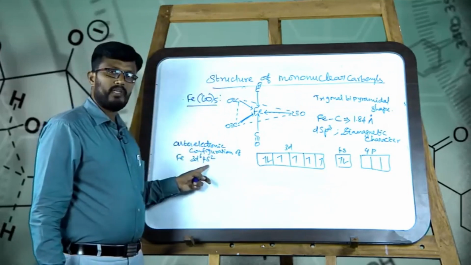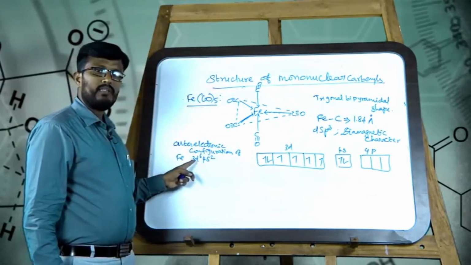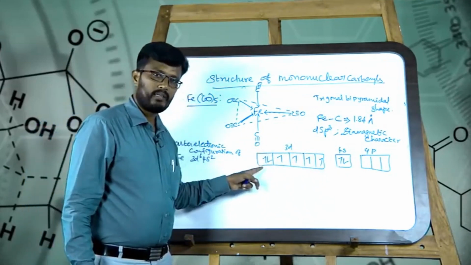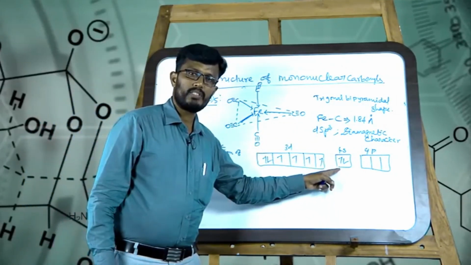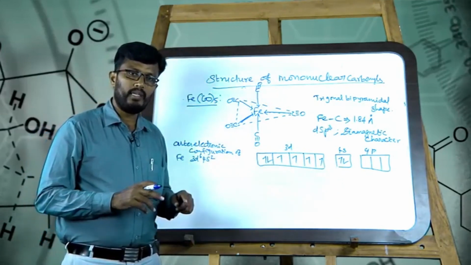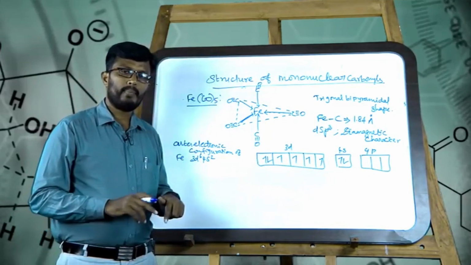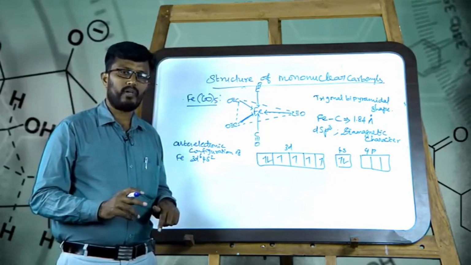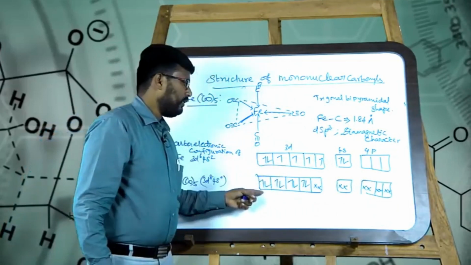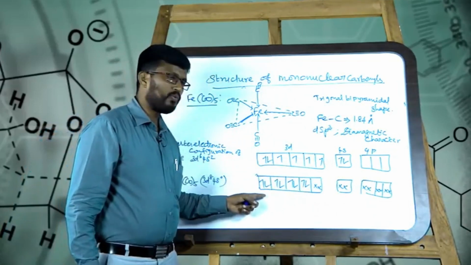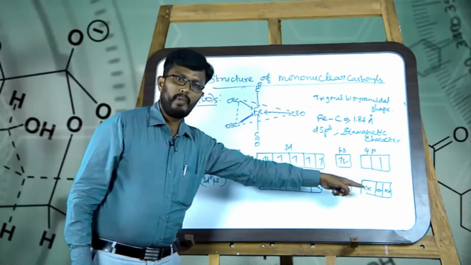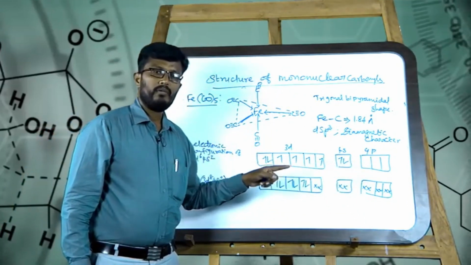The outermost electronic configuration of iron is 3d6 4s2. The 3d orbitals contain 6 electrons, and the 4s orbital contains 2 electrons. The valence shell electrons of iron in iron pentacarbonyl are present as 3d8 4s0. So here the d orbitals contain 8 electrons. The remaining vacant orbitals are filled up by the carbonyls.